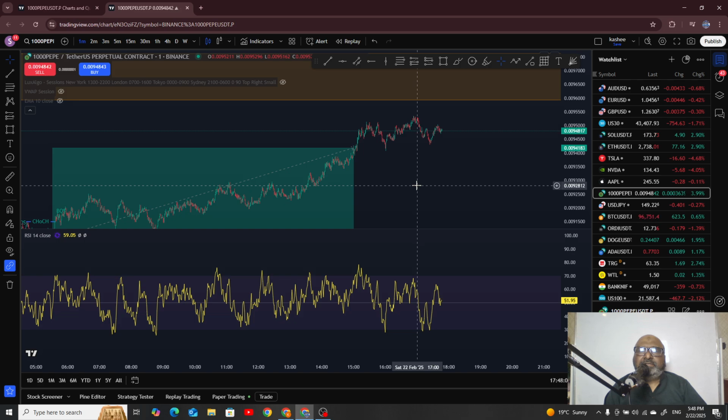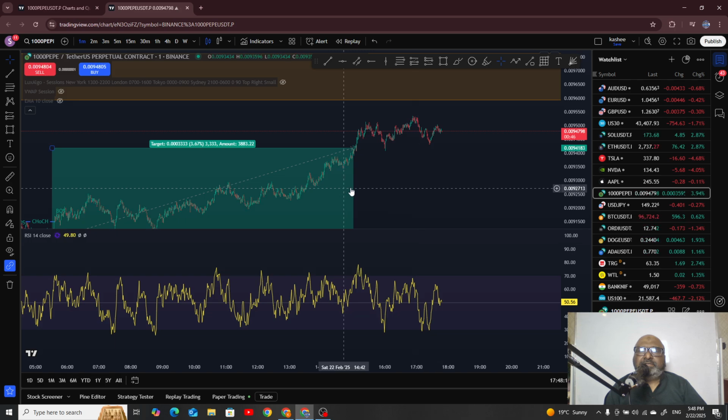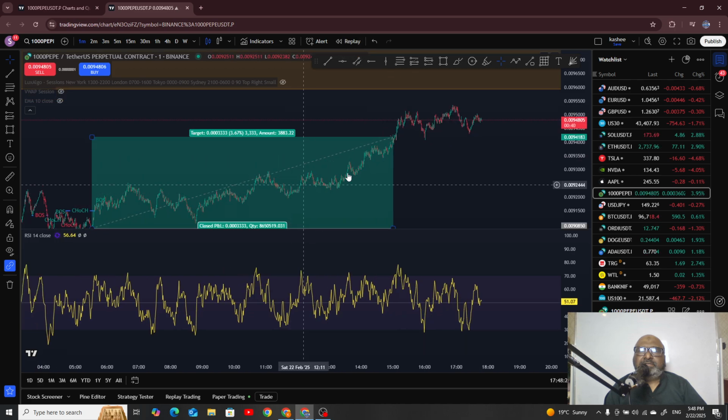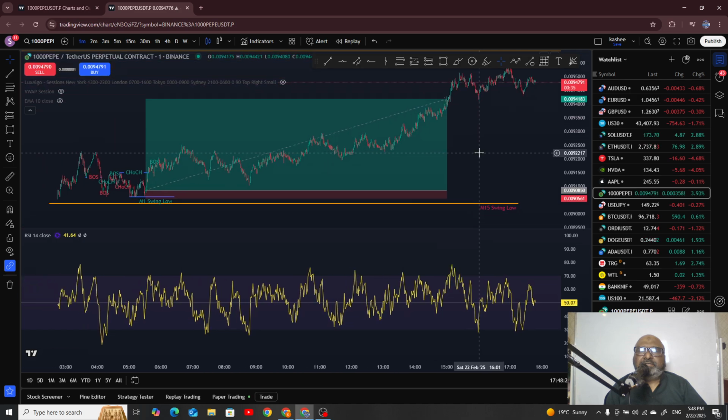This strategy is equally good in crypto. What I suggest is that you do a lot of back testing from this replay, okay. Instead of marking like this as I have done, don't do this.